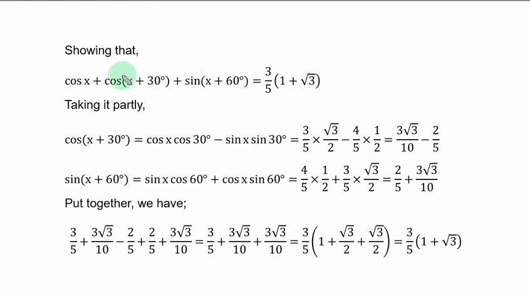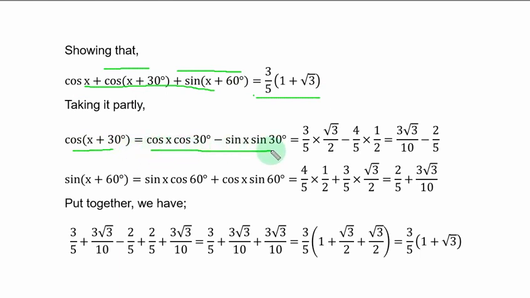We are also asked to show that this expression is equal to this. Before taking the whole expression, this is compound angle, this is also compound angle. You have to take them respectively. So if you take the first one by compound angle formula, you have this result.